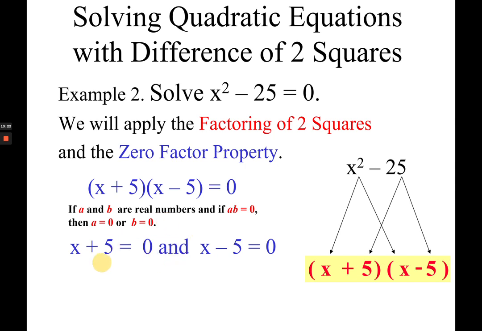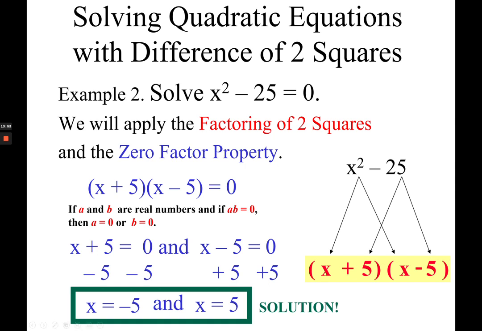So you have x minus 5, no, this is x plus 5, let me fix it. Now it's fixed. So your first root is negative 5, and the second root is positive 5. And they are our solutions.